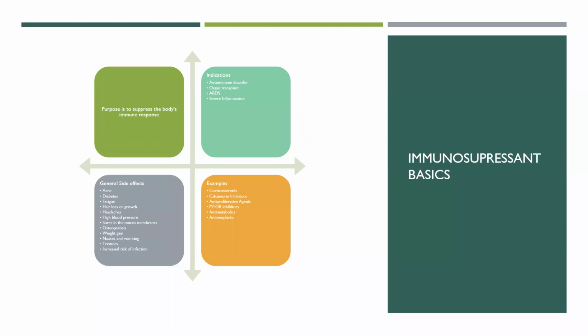The different categories of immunosuppressant medications include corticosteroids, also called glucocorticoids, calcineurin inhibitors, antiproliferative agents, mTOR inhibitors, antimetabolics, and antineoplastic medications.